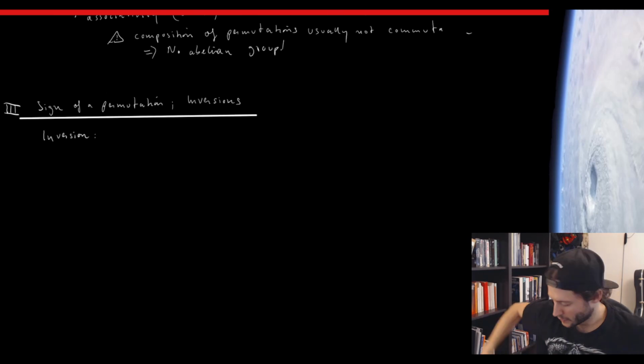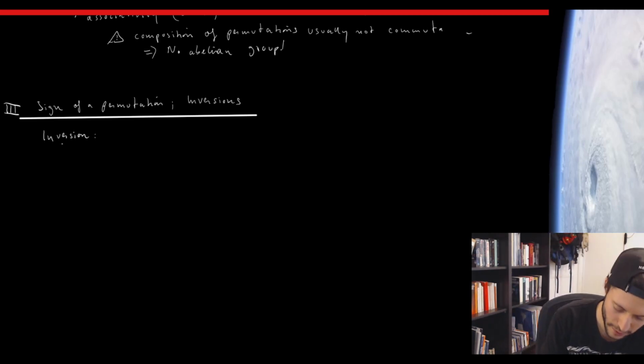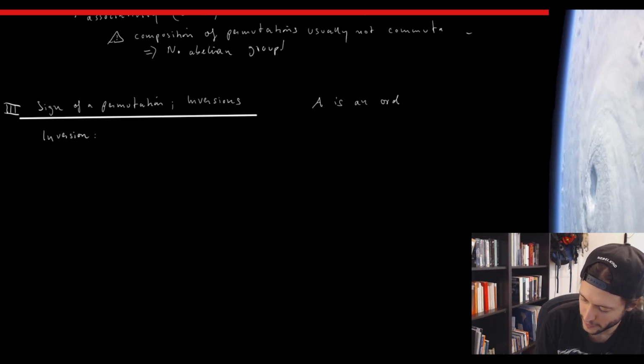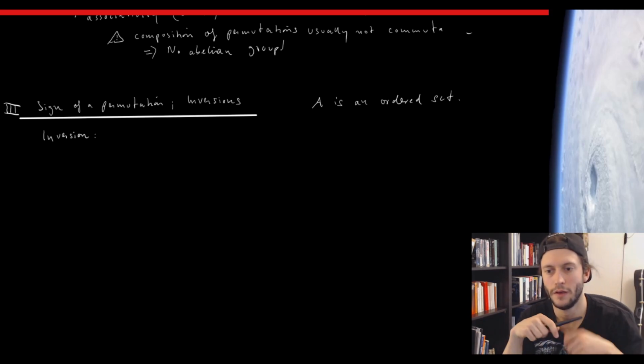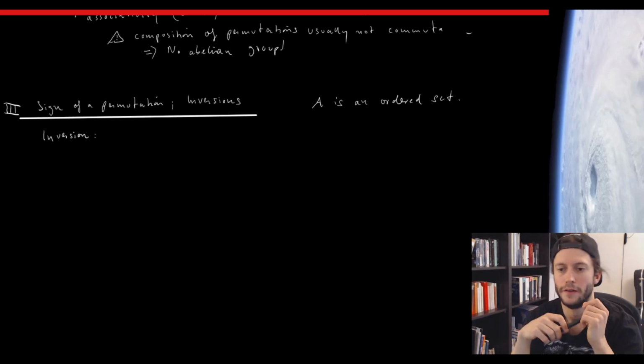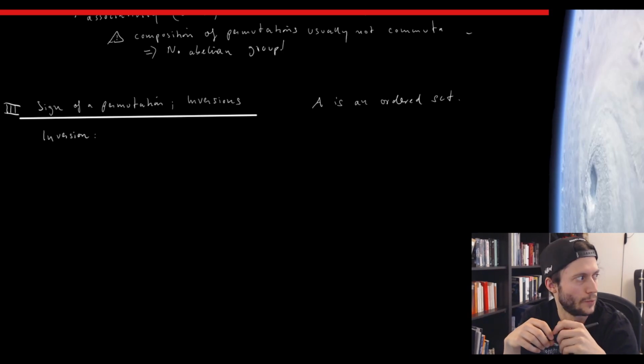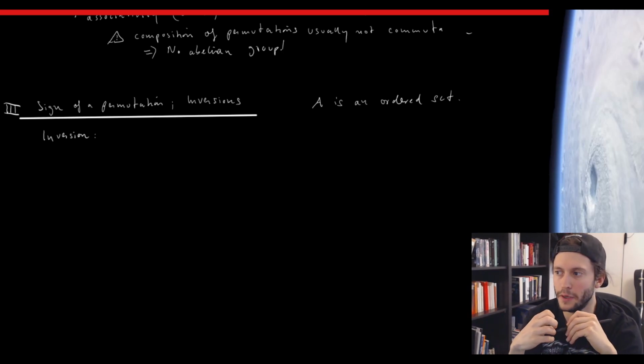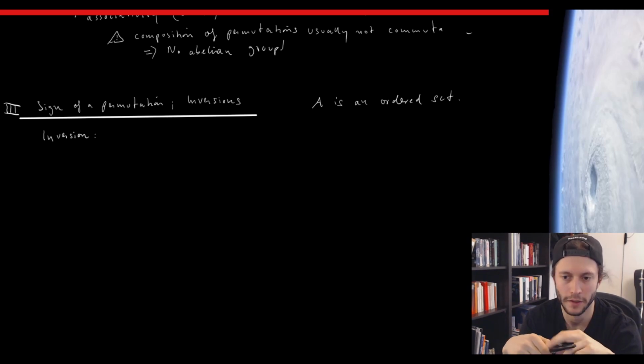What's happening is that let's have a pair, or what we need is that A is an ordered set right now for these notions, sign and inversion. An ordered set means it's a set where you actually can say that one element is bigger or smaller than the other one. Example would be rational numbers.